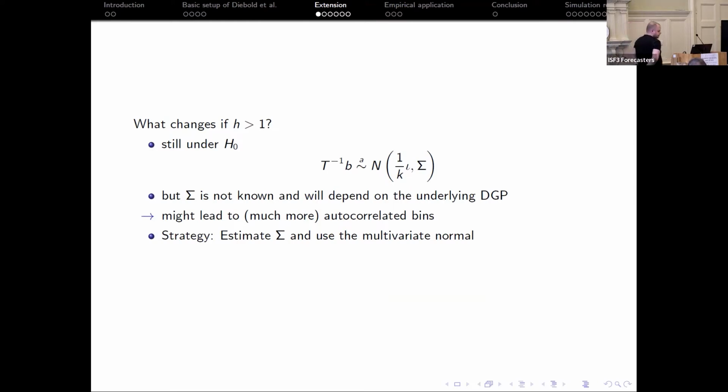Instead of knowing this covariance matrix sigma for the one-step ahead forecast, we do not know that if we do multi-step ahead forecasts, due to serial correlation in the PIT series, as well as the increased variance, at least in the outer bins, that we find empirically. So the strategy now is basically straightforward. We would like to use this multivariate normal distribution, and the only thing that we need to do is estimate sigma somehow.